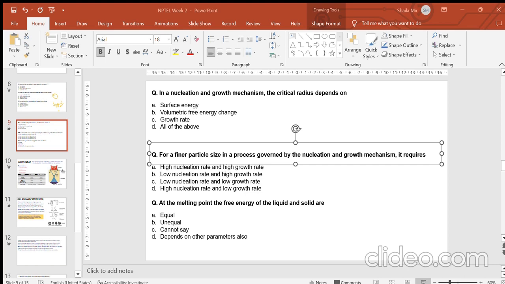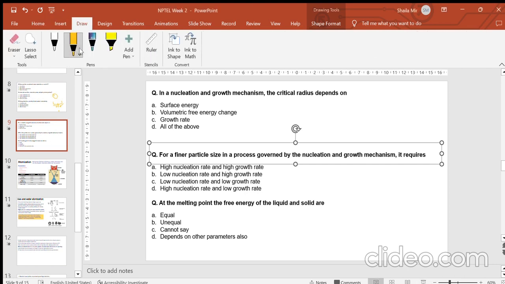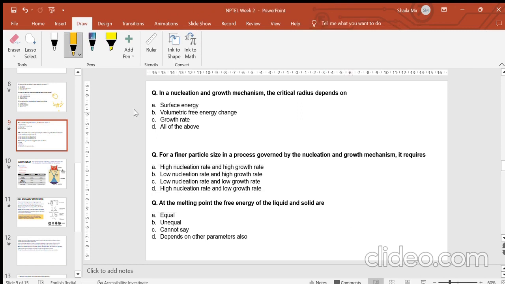For example, if I have a graph like this, this is for solids and this is for liquids, and this is the point where I am talking about the melting temperature, the melting point.